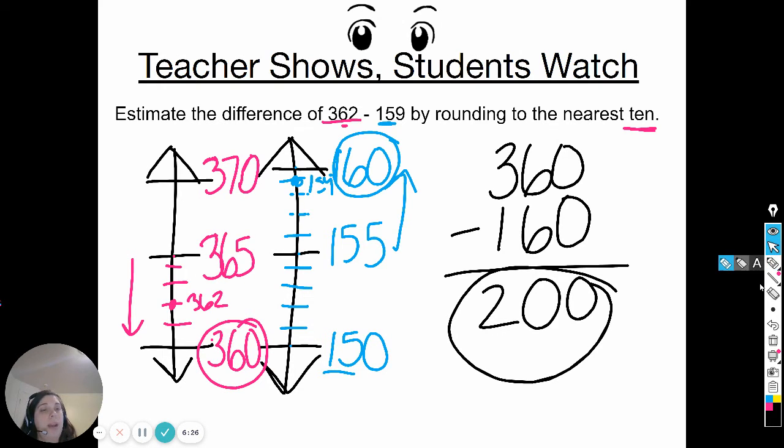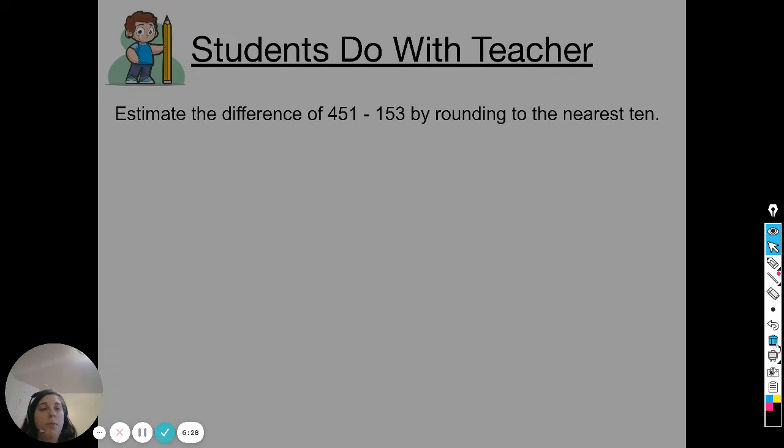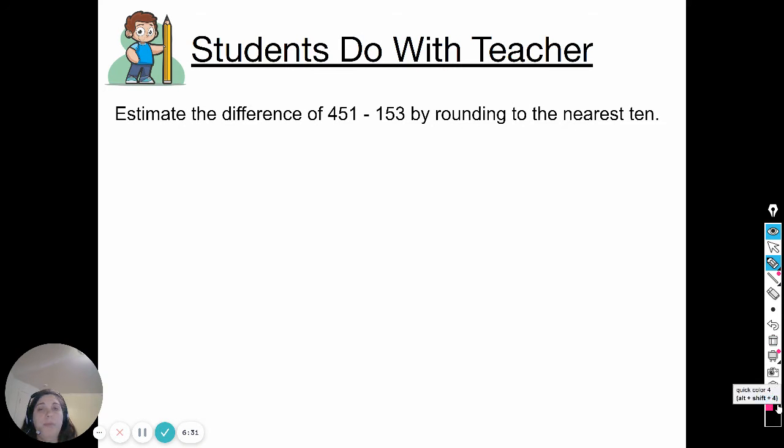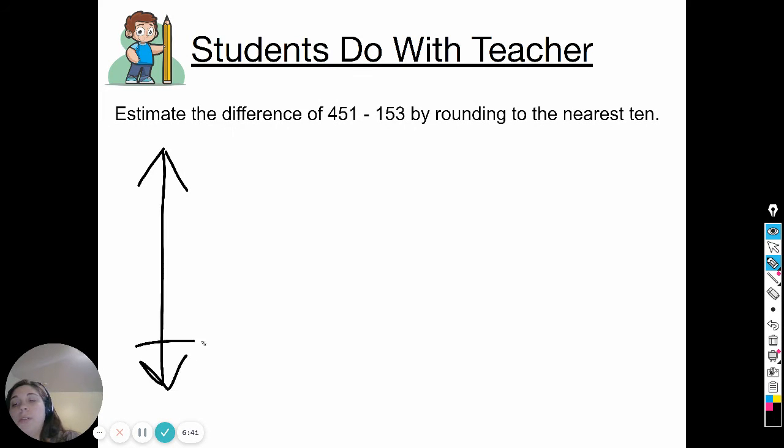Next, I'm going to have you go ahead and pick up your whiteboards and do this one with me. 451 minus 153 by rounding to the nearest 10. So the first thing I want you to do is set up your 2 vertical number lines, because we're going to have 1 for each number.